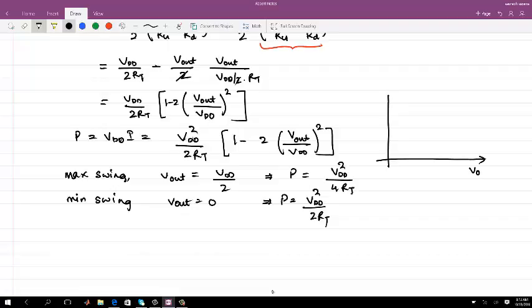So this is output swing V out by VDD, and here is the power consumption. So let's say this is half. So this will be the power consumption VDD square by 4RT, and this thing scales quadratically, so this will be something here.